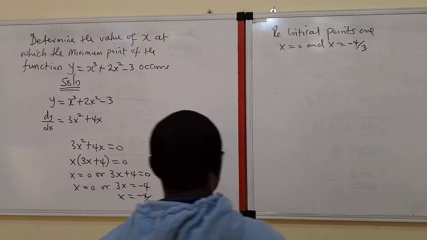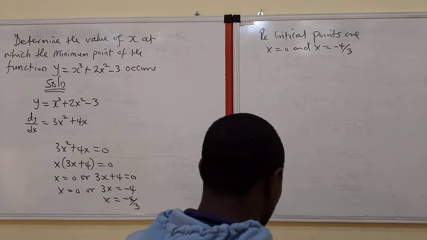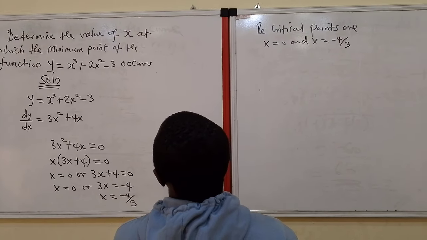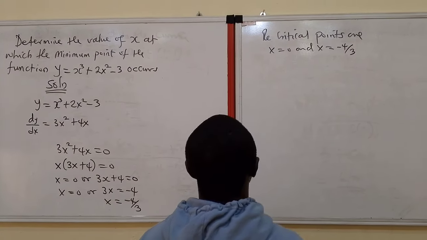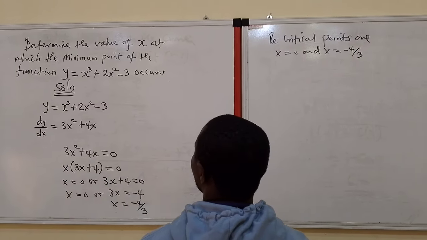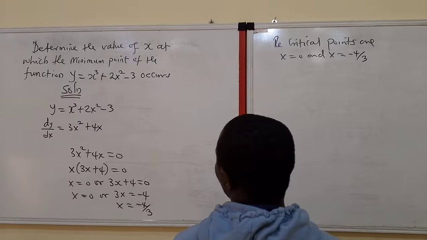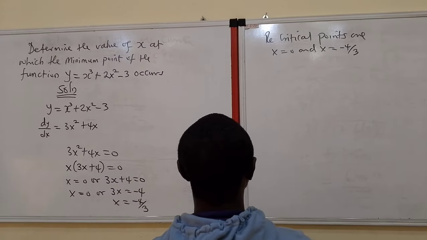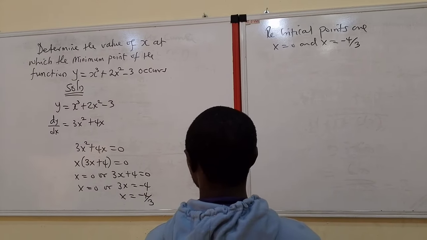Now, for us to know the minimum points, what we are going to do is differentiate our differential the second time, and then substitute our critical points into that differential.